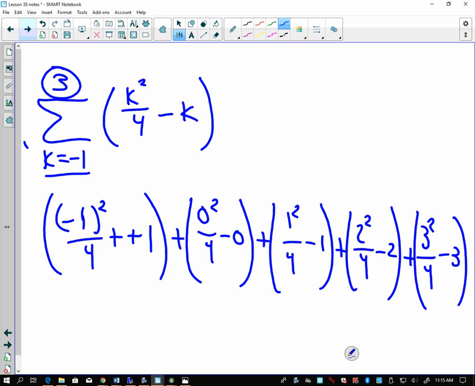Okay. All right. Well, negative 1 squared is 1, right? So I'm getting 1/4 plus 1. So it should be 1 and 1/4. 0 squared is 0.